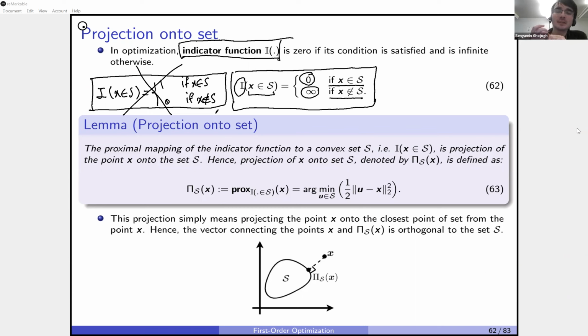Do you get it? So in other words, assume the indicator function was this: 0 and 10, or 1, 10, whatever.